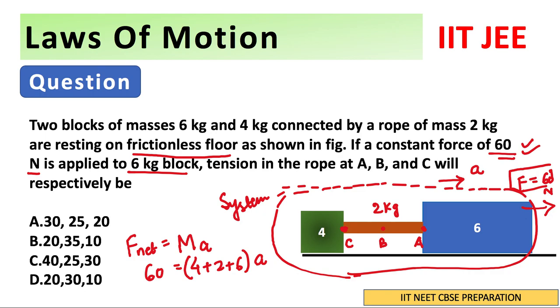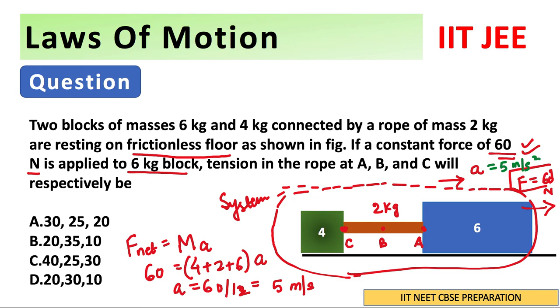So 60 divided by 4 plus 2 plus 6 is 12, so 60 divided by 12. Acceleration is 5 meter per second square. So let us mark that.